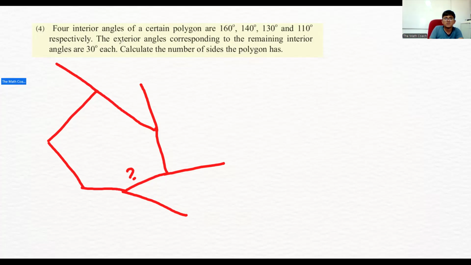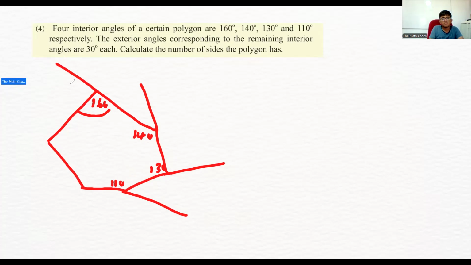Interior angles, there's 160, 140, 130, 110. Now, what about the exterior angles here?